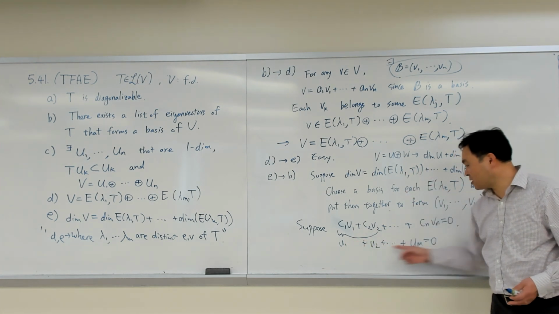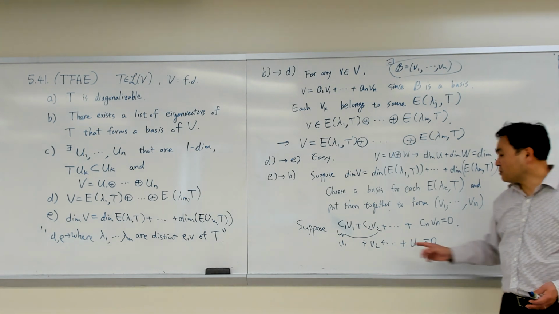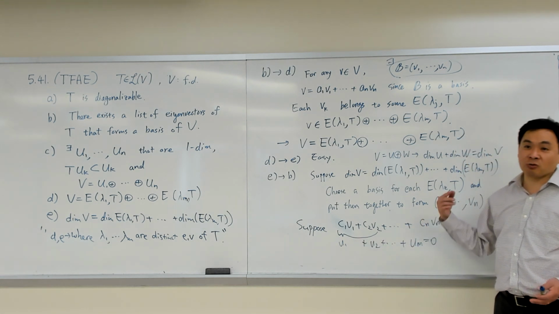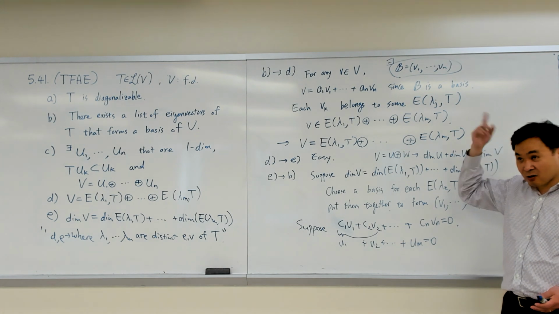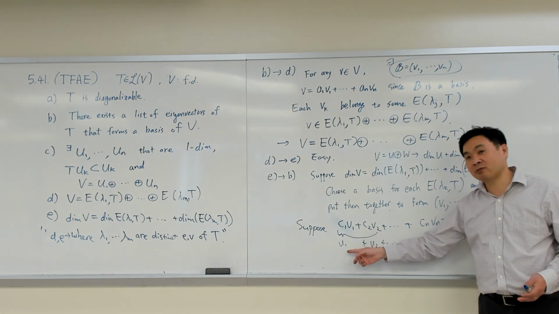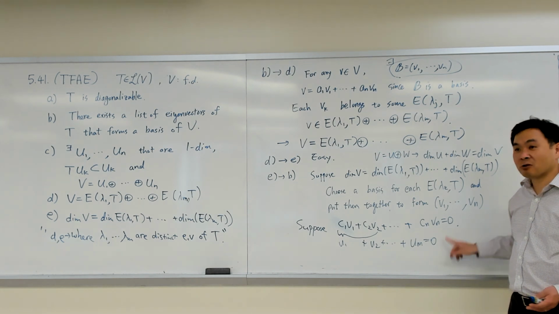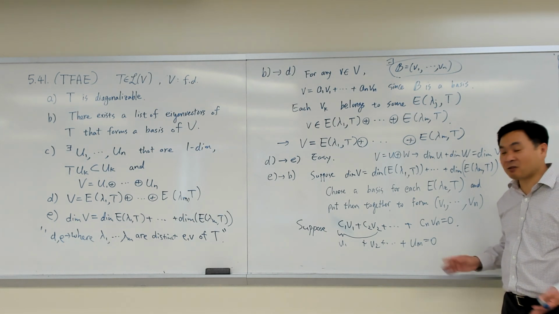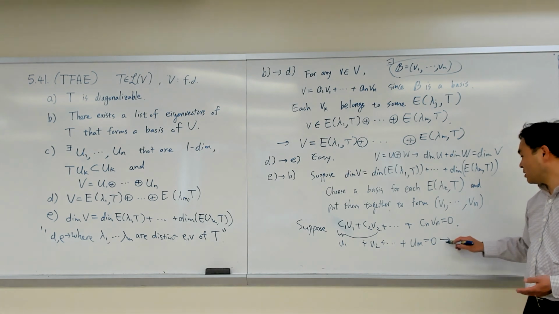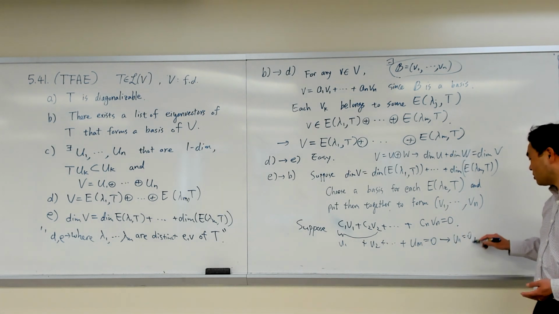Therefore, these are linearly independent. So again, the same kind of argument that we used for the previous theorem applies here. You have linearly independent things that add up to 0. Can that happen? No. The only way this is possible is when all of these are equal to 0, right?